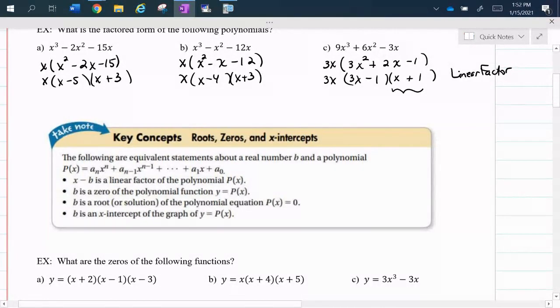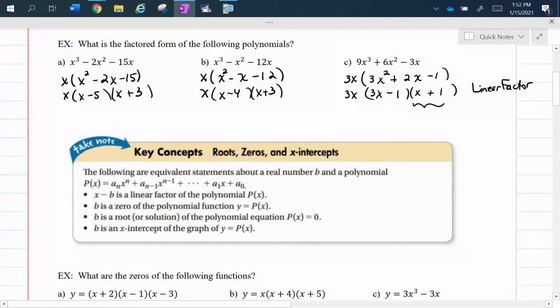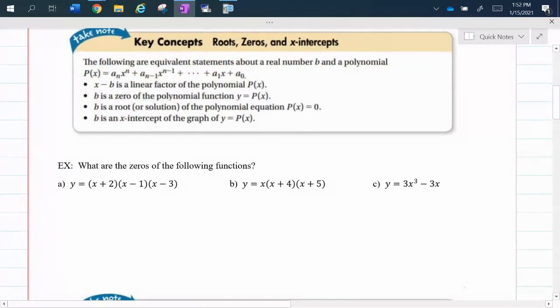So for example, let's go down to example A. If I'm looking at this polynomial that's already factored for us, then I can see that the linear factor is x plus 2. If I set x plus 2 equal to 0, then I'm going to get one of the solutions to the equation. But if I make the y 0 here, then it becomes a 0 of the function.